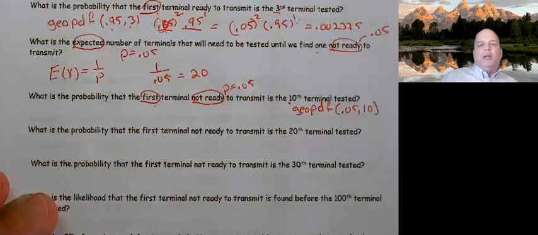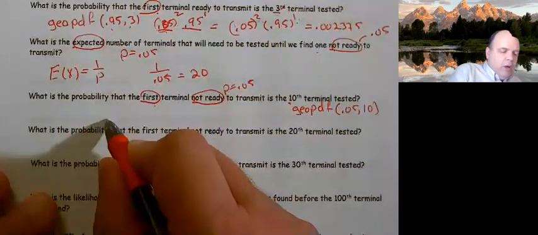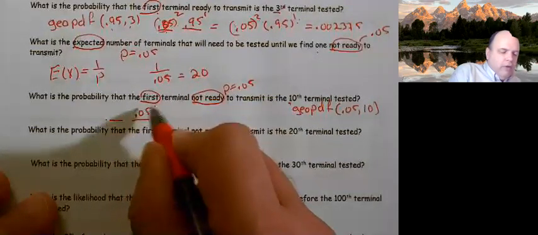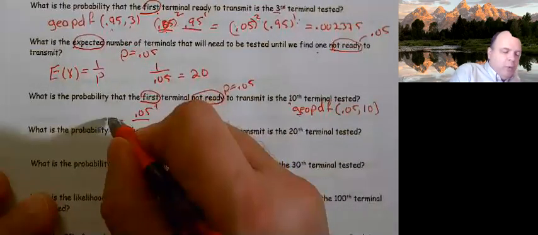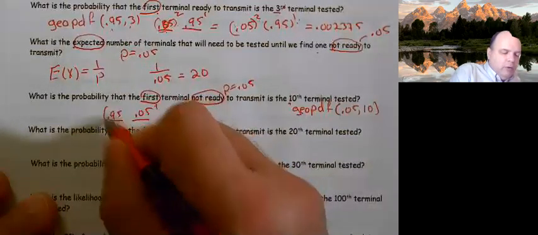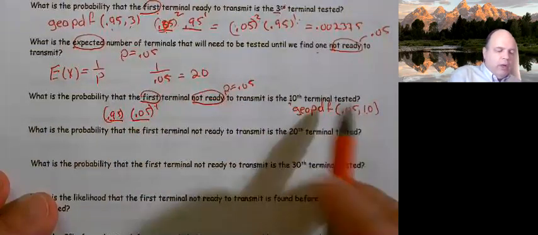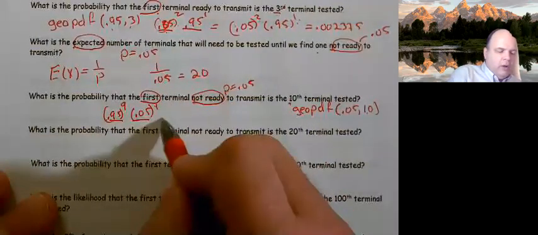So that's my calculator speak. My actual work shown is going to be 0.05. This is going to be to the first. And then we have 1 minus 0.05, which is 0.95. And 10 minus 1 is 9. 9 plus 1 is 10.